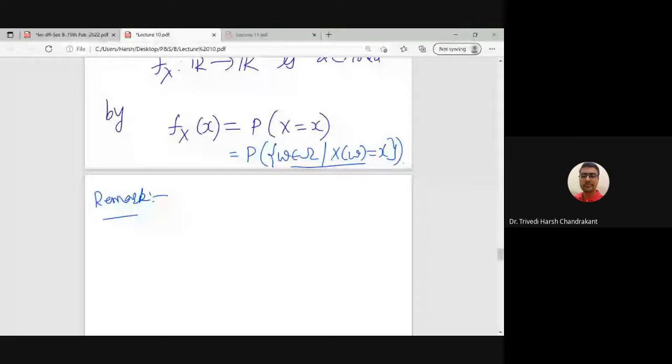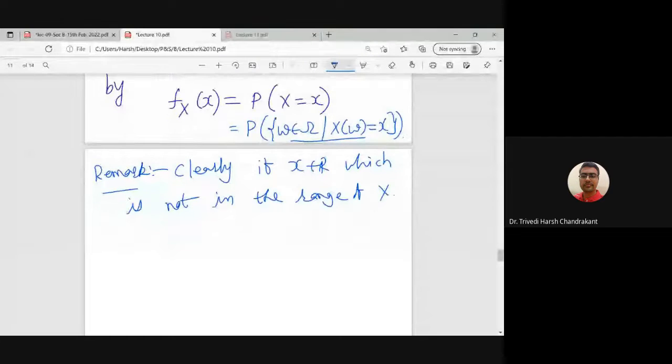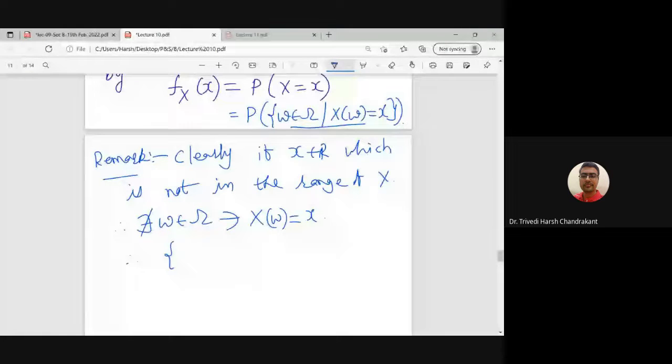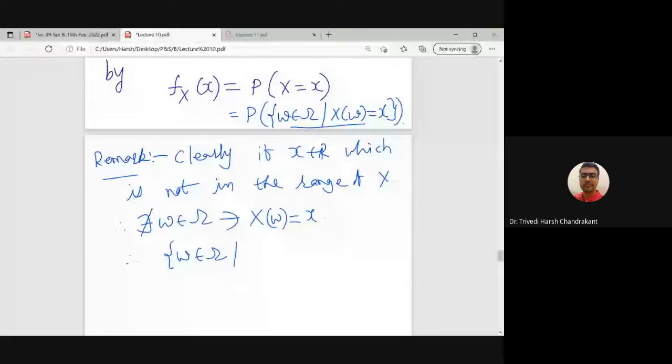Clearly, if x is any real number which is not in the range of the random variable X, that means there is no omega such that X(omega) is x. So therefore this set is a null set.